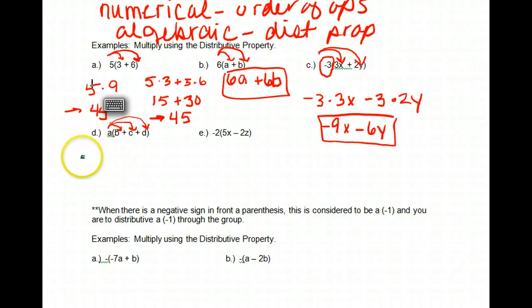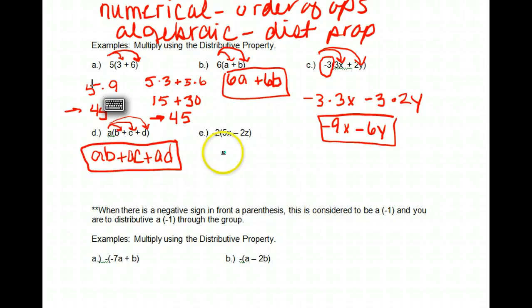So using multiplication, we will have a times b to make ab. We will have a times c to make ac. We will have a times d to make ad. Check to see if any of those terms can be combined. They cannot, so that is our final answer.